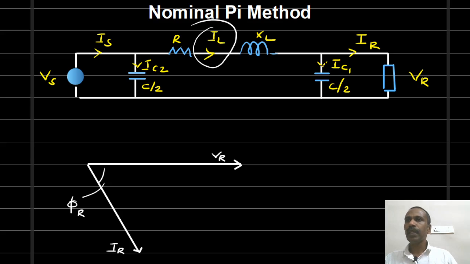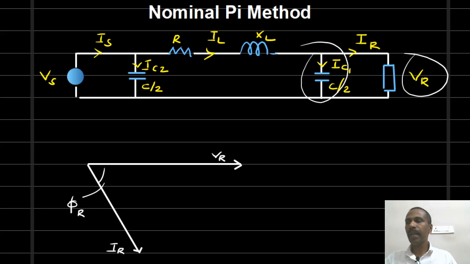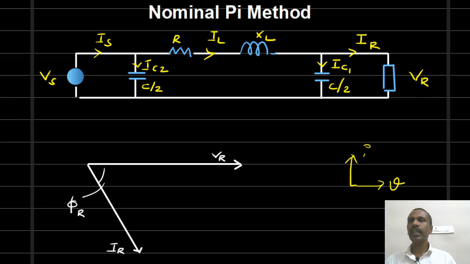As you know, IL is equal to IC1 plus IR. This is our IR. Now I have to draw IC1 to find IL. IC1 is the current through this capacitor. The voltage across the capacitor is the same as the receiving end voltage. They are in parallel. So this current IC1 should be drawn at an angle 90 degrees leading the voltage, because as you know, in the case of capacitors, the current leads the voltage by 90 degrees.